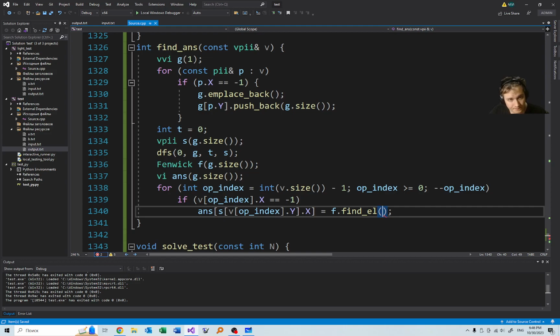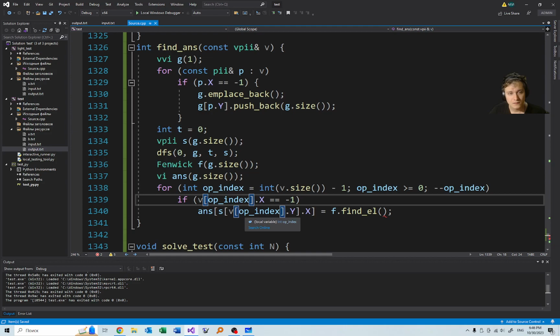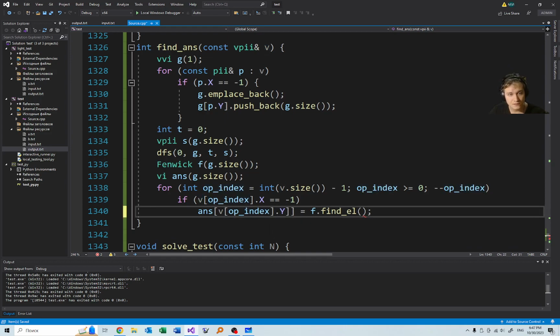No, not correct. So we have this vertex, and the answer is found for this vertex. But we need to find this element, because f works in terms of the Euler tour, but our ans works in terms of the initial enumeration. So like this.